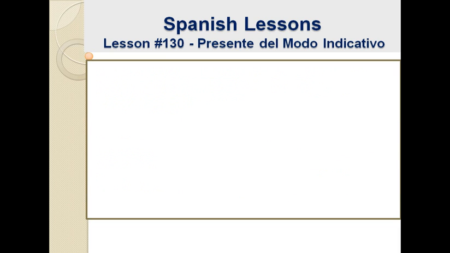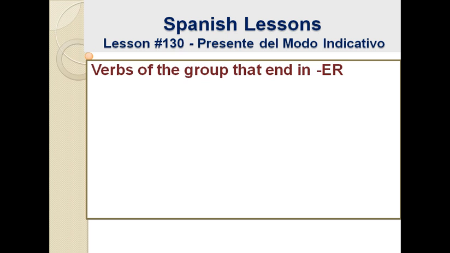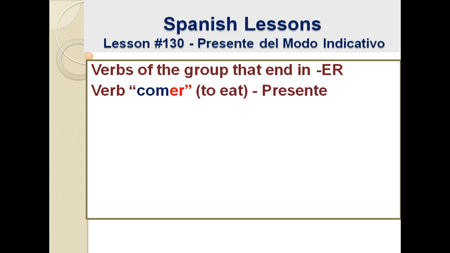Now, I'll show you how to conjugate the regular verbs that end in er into the present. So these are the verbs of the group that end in er. For example, the verb comer, to eat, in tiempo presente, simple present. Example, yo como, or I eat.